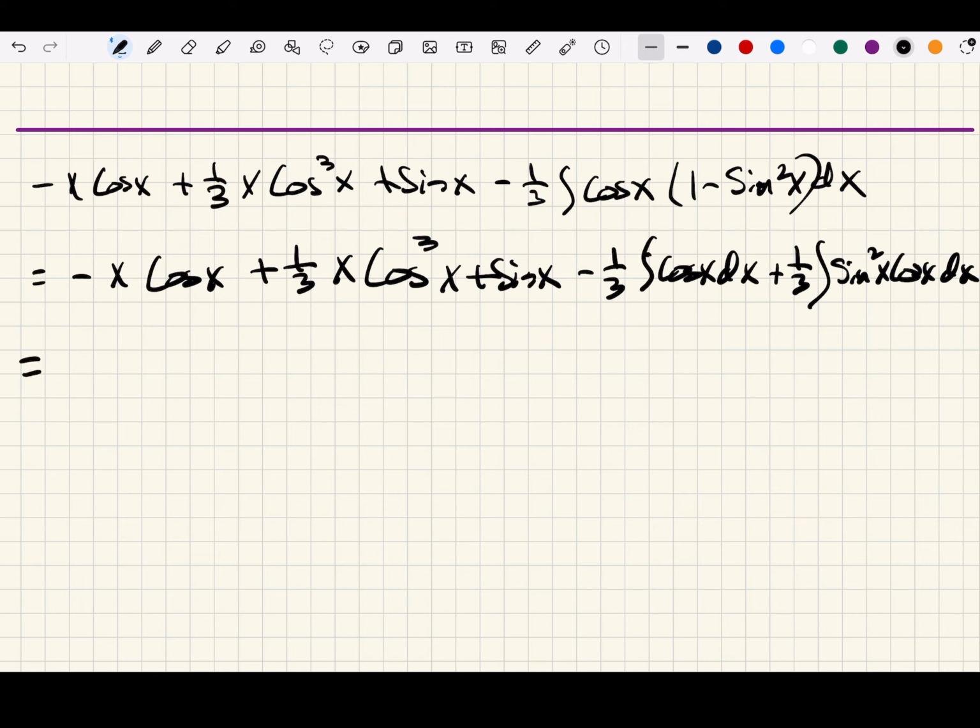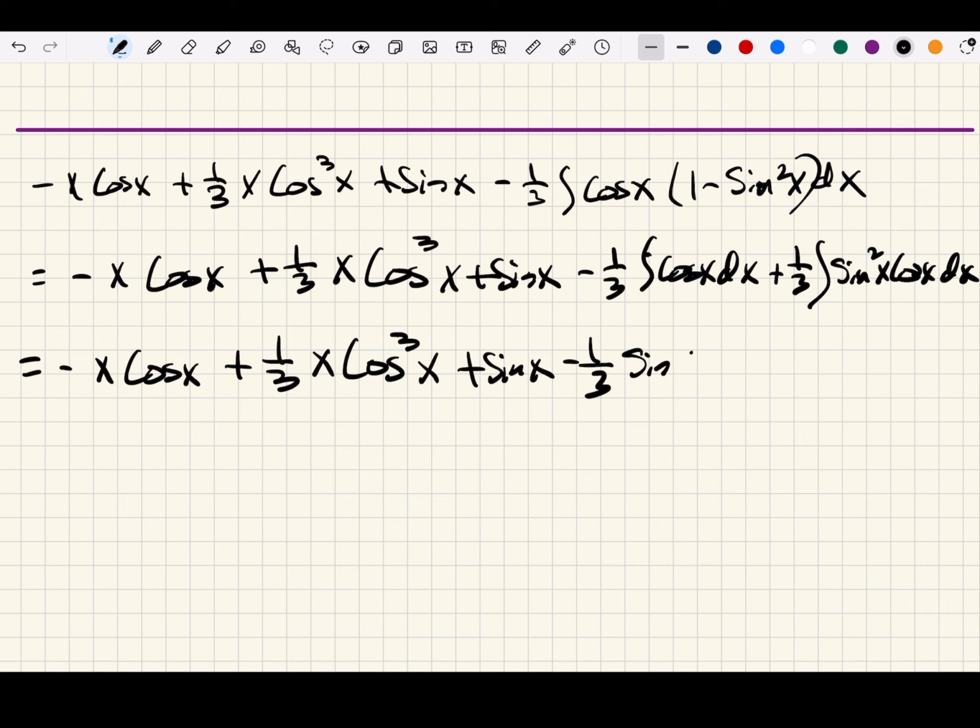Okay, so we have minus x cosine x plus 1/3 x cosine cubed x plus sine x minus 1/3, okay? So the integral of cosine x is sine x. So we have sine x. Now, the integral of sine squared x cosine x.